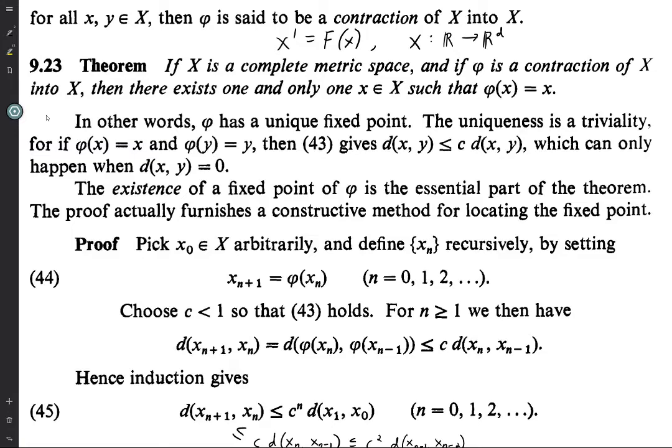But yeah, this is a really neat theorem. You don't need a lot of background to understand it, and it's also really useful. And it's also explicit in that it shows you how to approximate the thing that you're looking for. It shows that a fixed point exists and is unique, and it shows you how to find it.